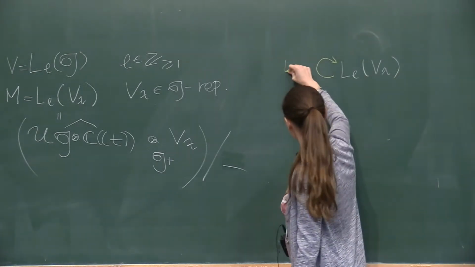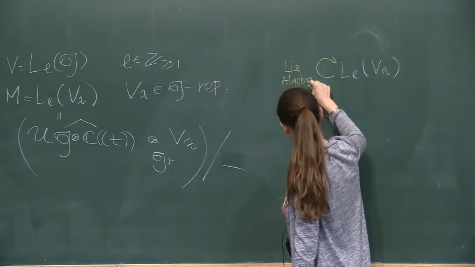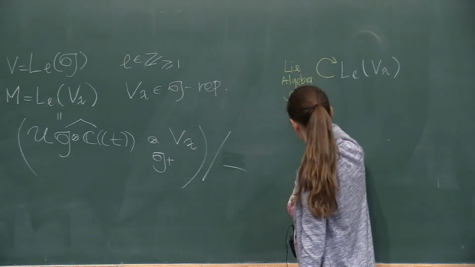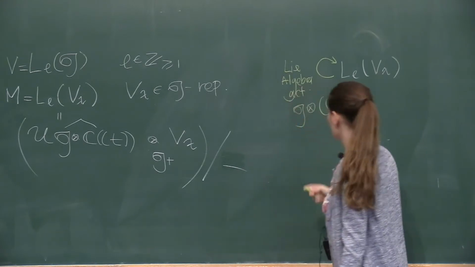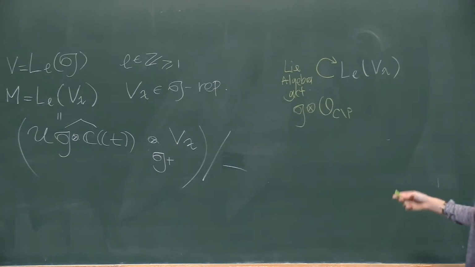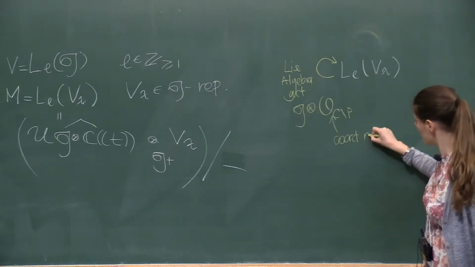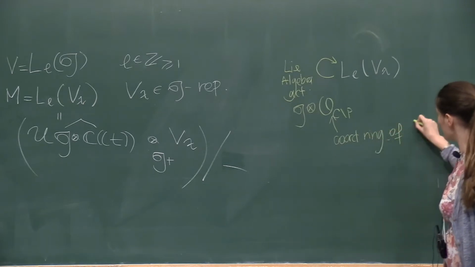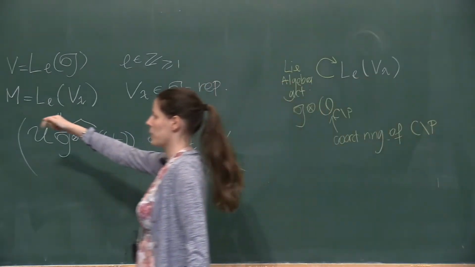And the Lie algebra acting is the following. Meaning I take the Lie algebra G, I extend the scalars with the coordinate ring of the curve minus the point that I had specified.